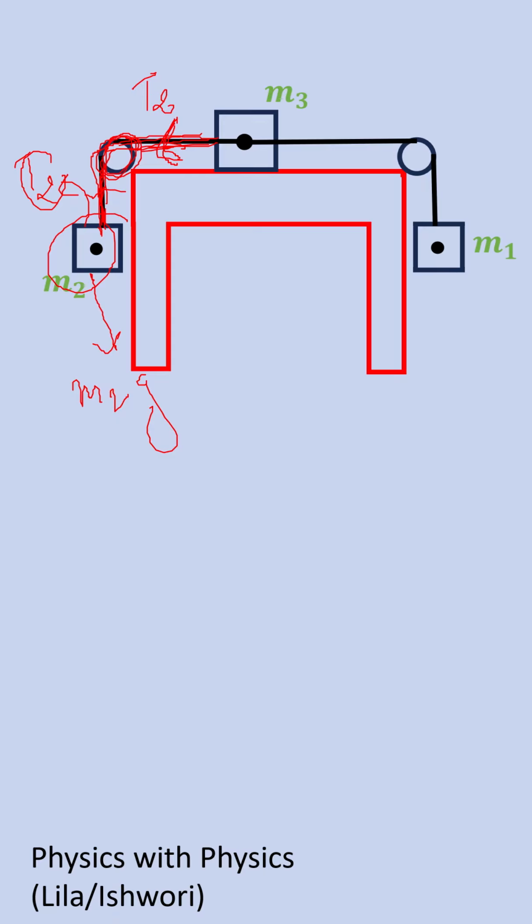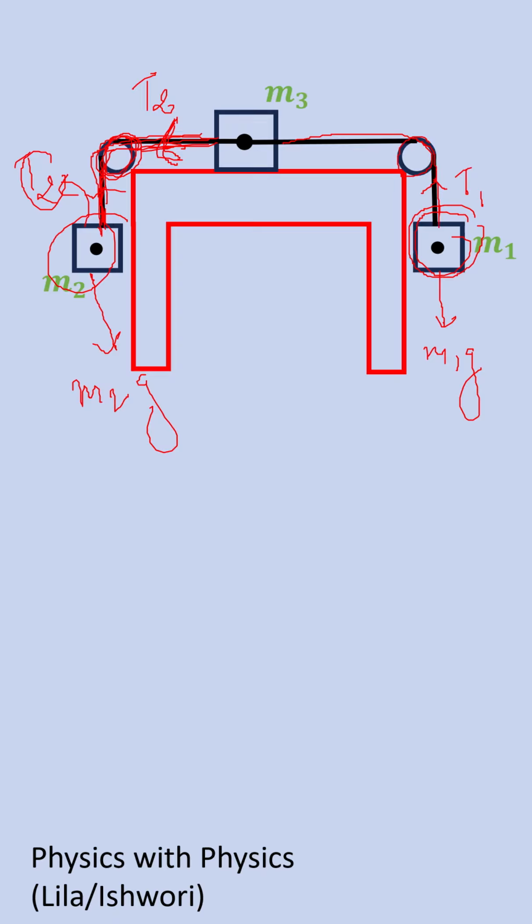In the same way, the force M1G acts vertically downward, and the tension T1 acts away from this body. This is a massless string, and this is a frictionless pulley.